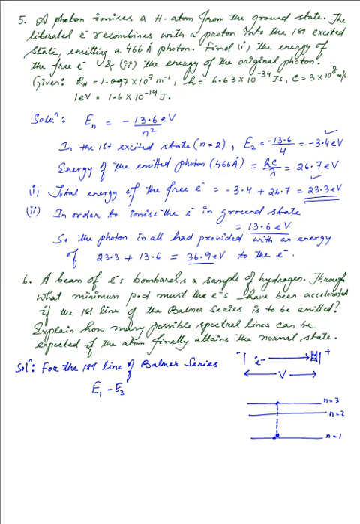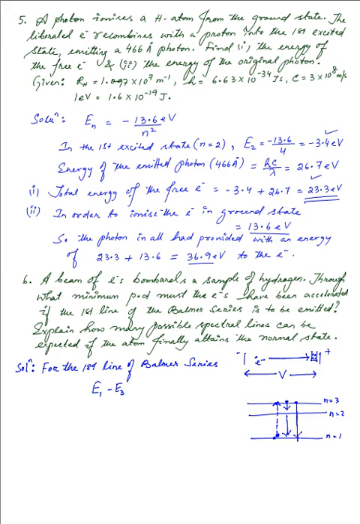While staying there for a very small fraction of time, it returns back, and it may happen that it will return from n is equal to 3 in steps to n is equal to 1. That is, firstly from 3 to 2, and then from 2 to n is equal to 1. Or it can take a direct path, moving from n is equal to 3 to n is equal to 1. That may be the case as well.